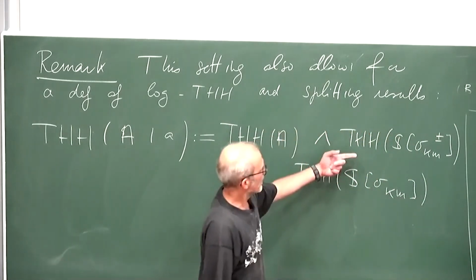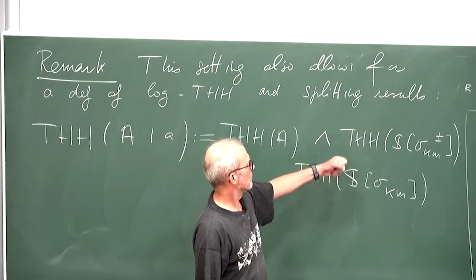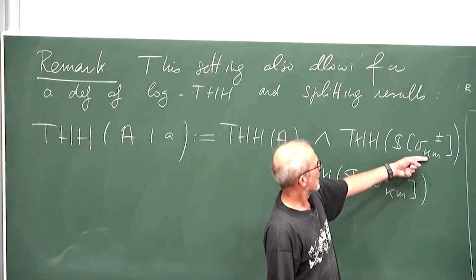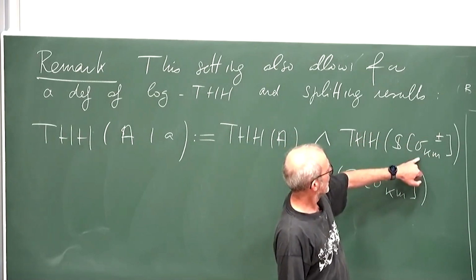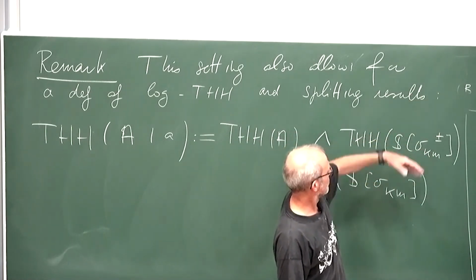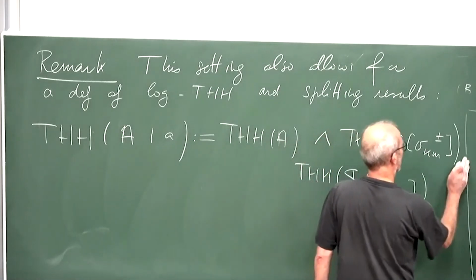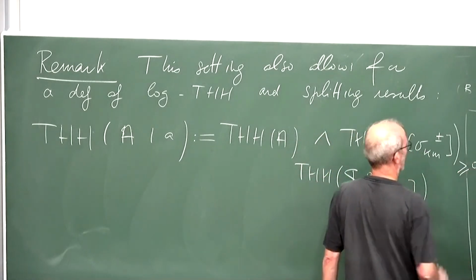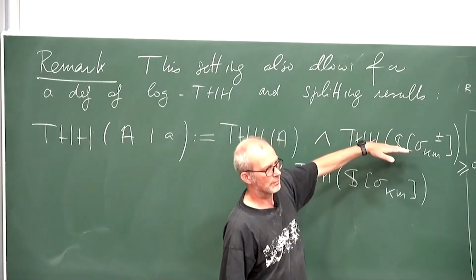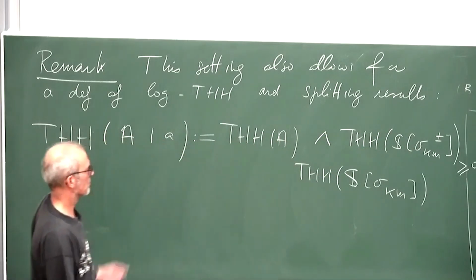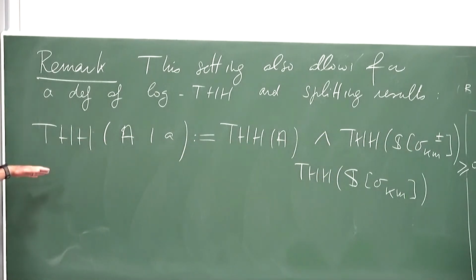THH there is going to be again polynomial on that guy, and then the Kähler differential, I mean Laurent series tensor the Kähler differential, so you can divide the Kähler differential up to whatever you want. But if you just take the positive degree part, you will just be left with the Kähler differential d sigma km divided by sigma km once, and that's a nice formula from which you can also construct a localization sequence and corresponding splitting for log THH.